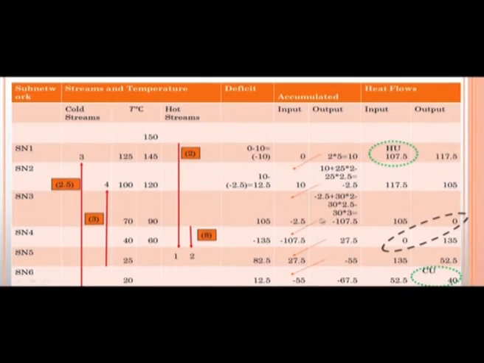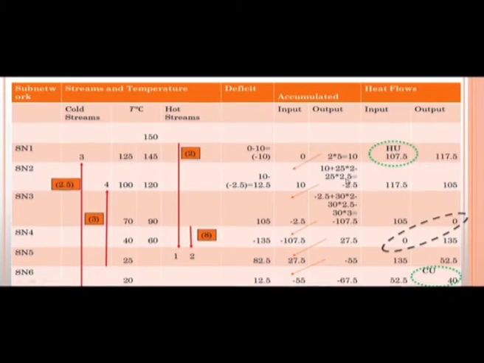Similarly, we calculated the deficit here. Now, we will have this minus 2.5 as the input of the next subnetwork, and we can do the calculation the way it has been written here. So, we will get the deficit.